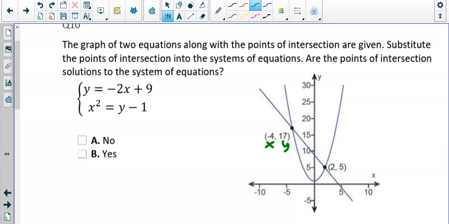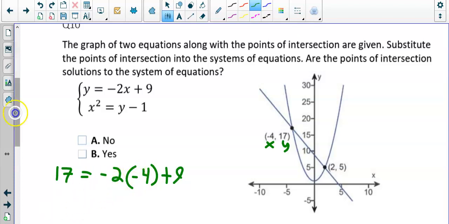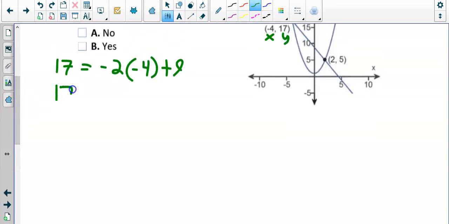So let's plug into the top equation and see if it works. 17 equal to negative 2 times x, which is negative 4, plus 9. So what's negative 2 times negative 4? 8. And what is 8 plus 9? So that checked out, right? Now let's check the second equation.